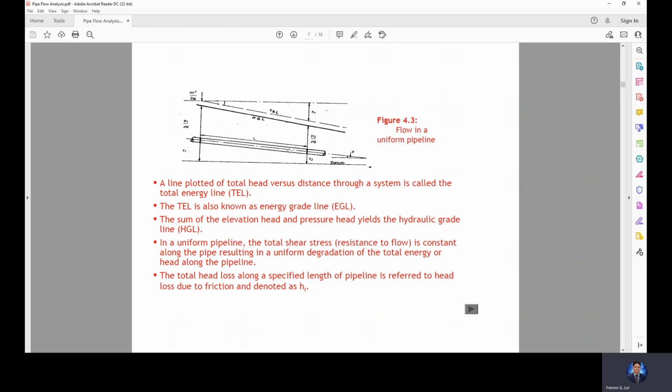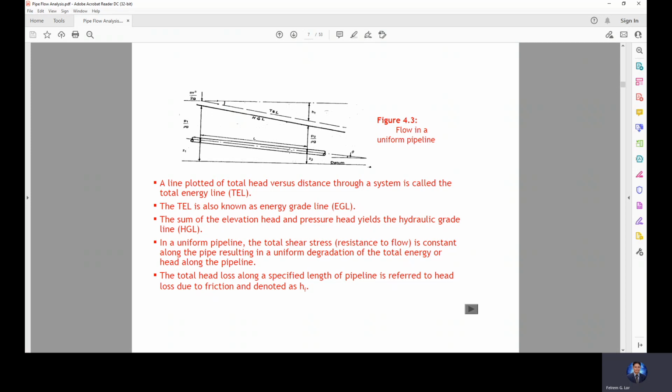So far in our discussion, we haven't considered the head loss of the flow. In our examples, we just assumed that friction is neglected. In this topic, we will no longer neglect the friction.